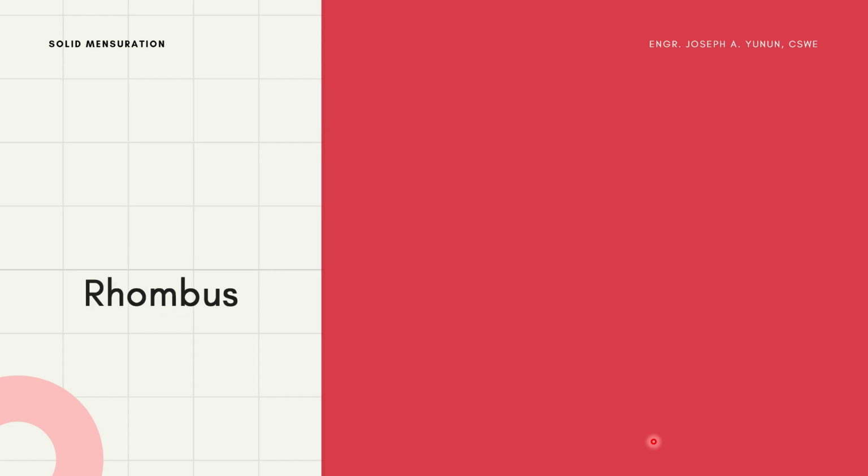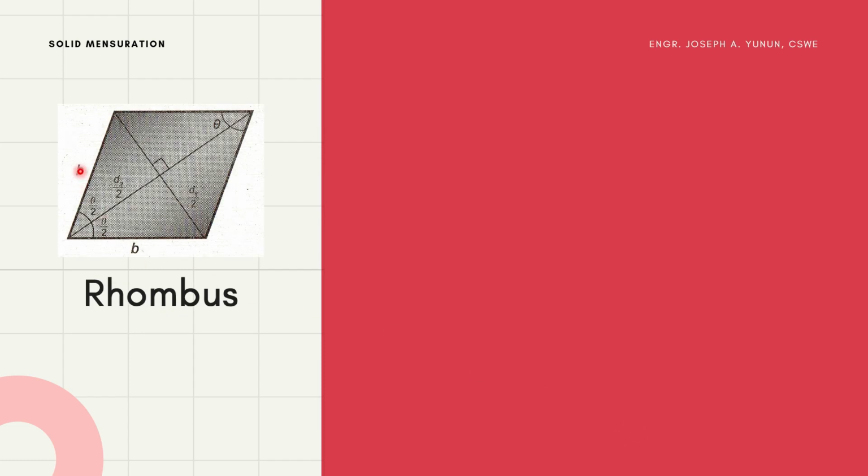For the rhombus, all sides are equal. You have two diagonals, the shorter diagonal and the longer diagonal. If this is angle theta, this is also angle theta. Similarly, it bisects the diagonal into two equal parts.